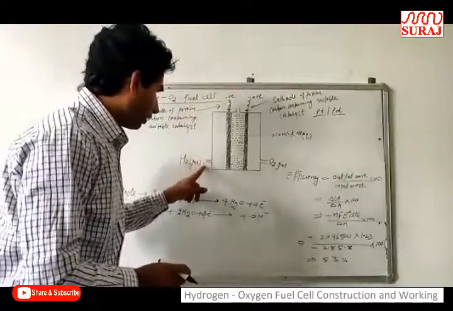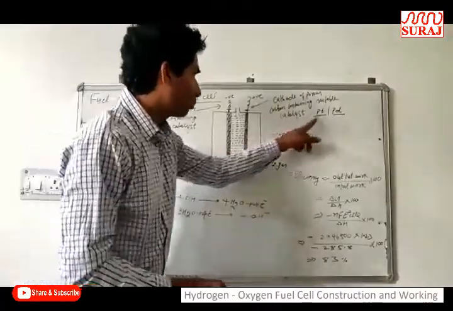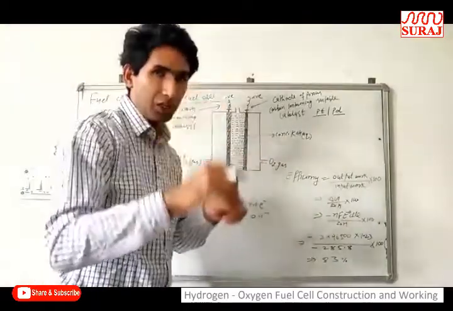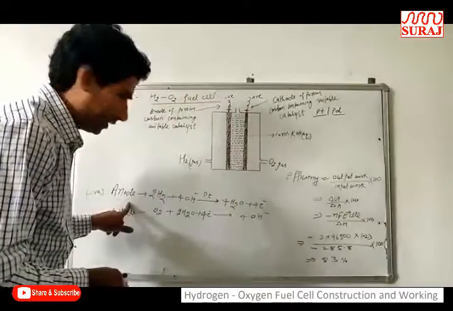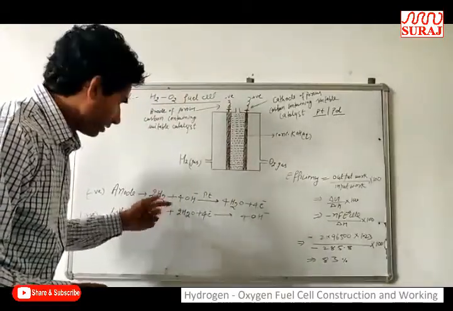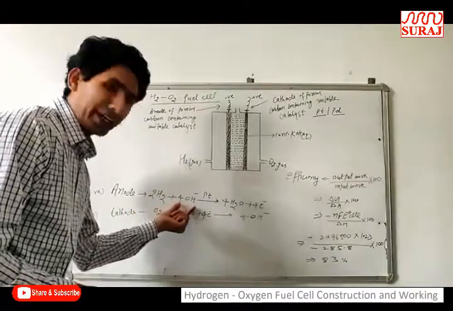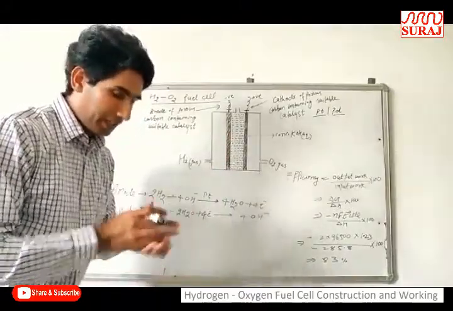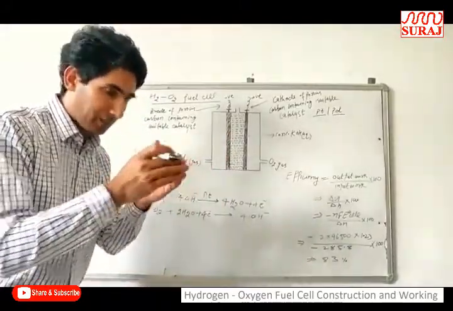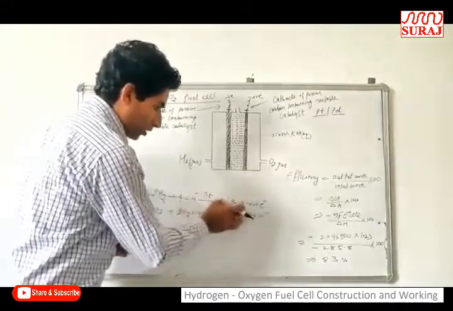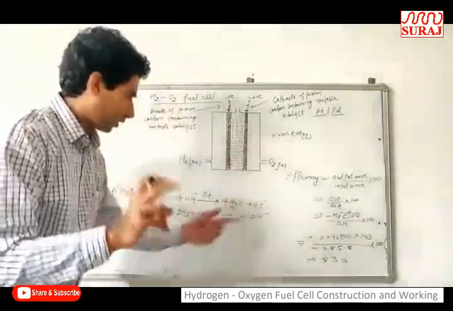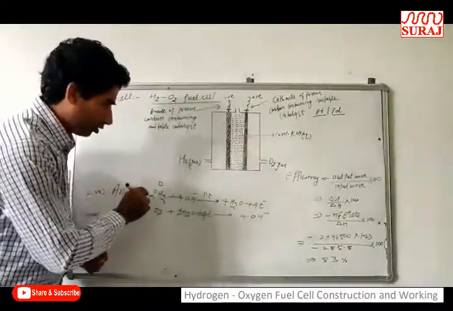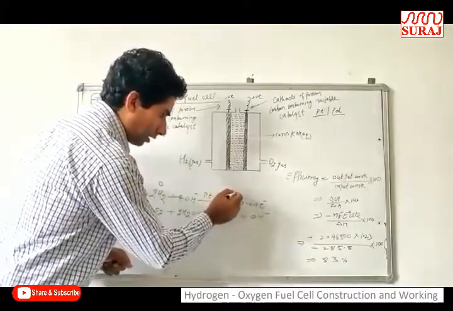When the gaseous phase plus Pt as a catalyst and aqueous phase KOH combine with each other, at the anode side, hydrogen gas in gaseous form, hydroxide ion in aqueous form, and platinum in solid form, when these three phases combine, it changes into water plus 4 electrons released. On this side the oxidation state of hydrogen is 0, but on this side the oxidation state of hydrogen is +1.